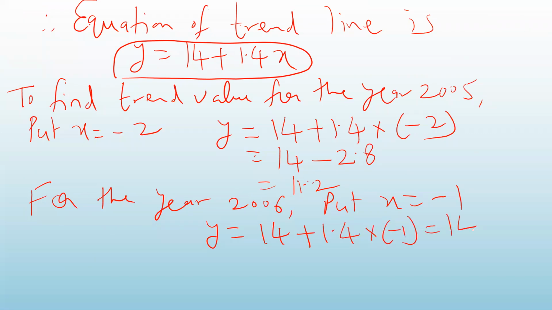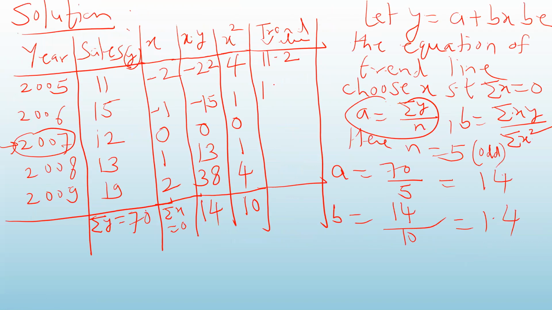Plus into minus will give minus 1.4. So 14 minus 1.4 will give you 12.6. So the trend value for the year 2006 is 12.6.